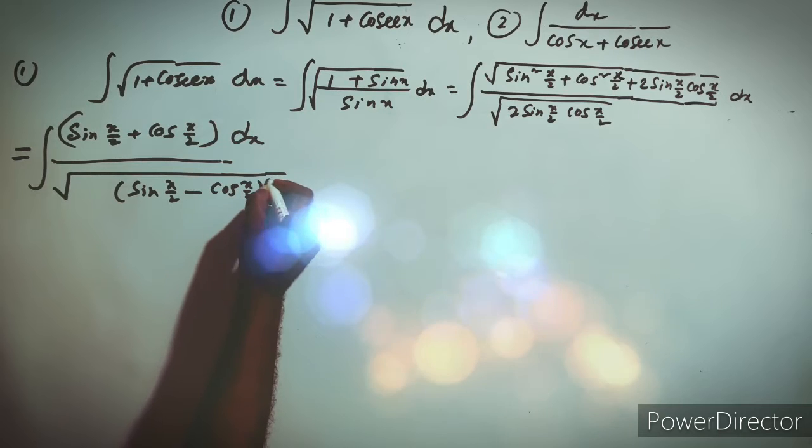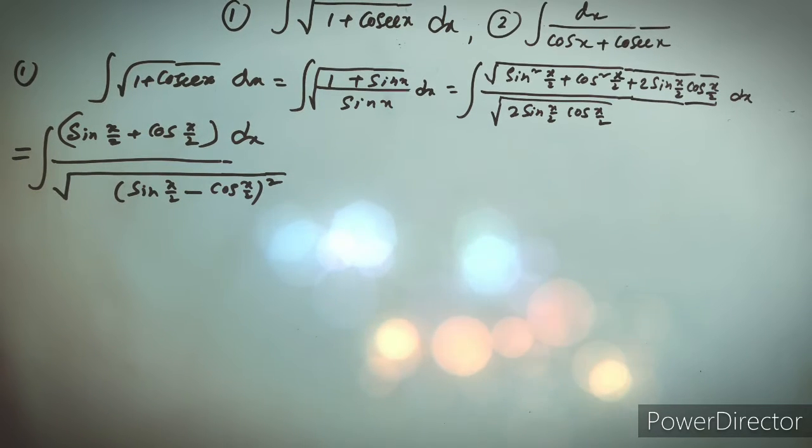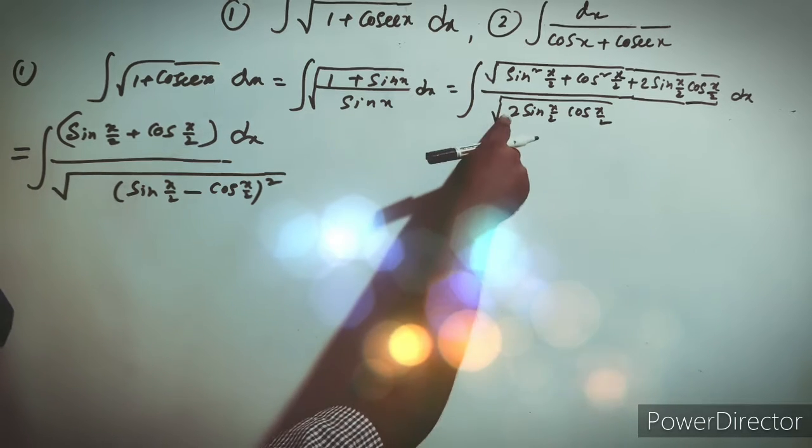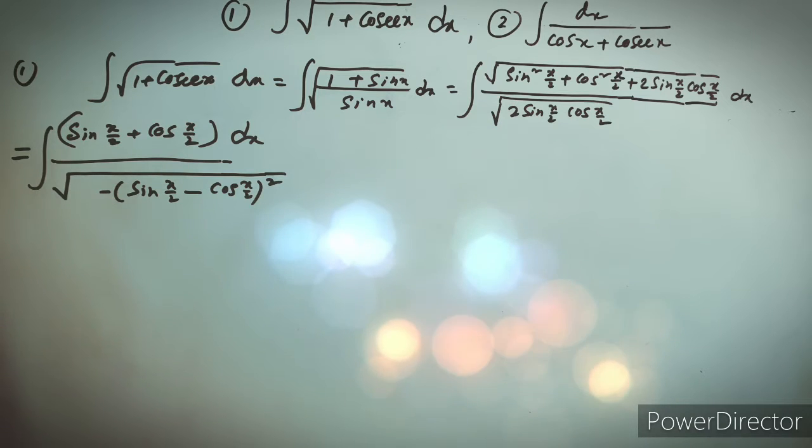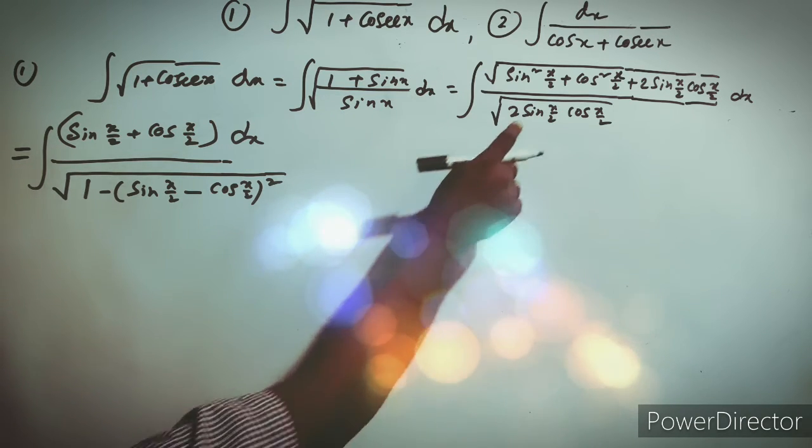If we split this expression, we get 1 minus 2 sin x by 2 cos x by 2, but here it is a plus, so we add 1 for balancing, and we get the result.